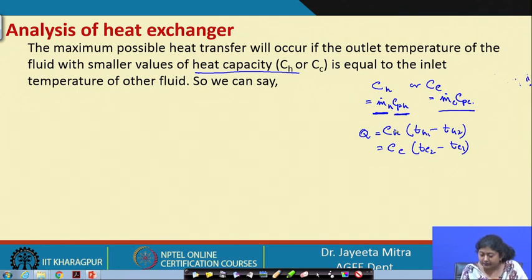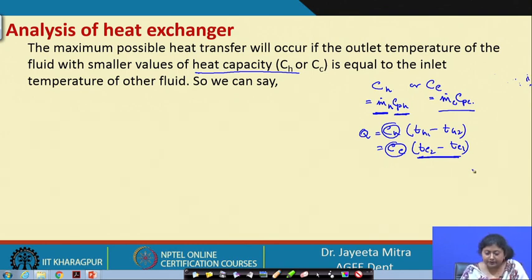So, if this is small, this temperature difference will be very high, and if it happens, the maximum heat transfer happens. So, what will be there? The outlet temperature of the fluid for which the heat capacity is minimum will be the inlet temperature of the other fluid. So, that is the maximum amount of heat transfer that may take place.